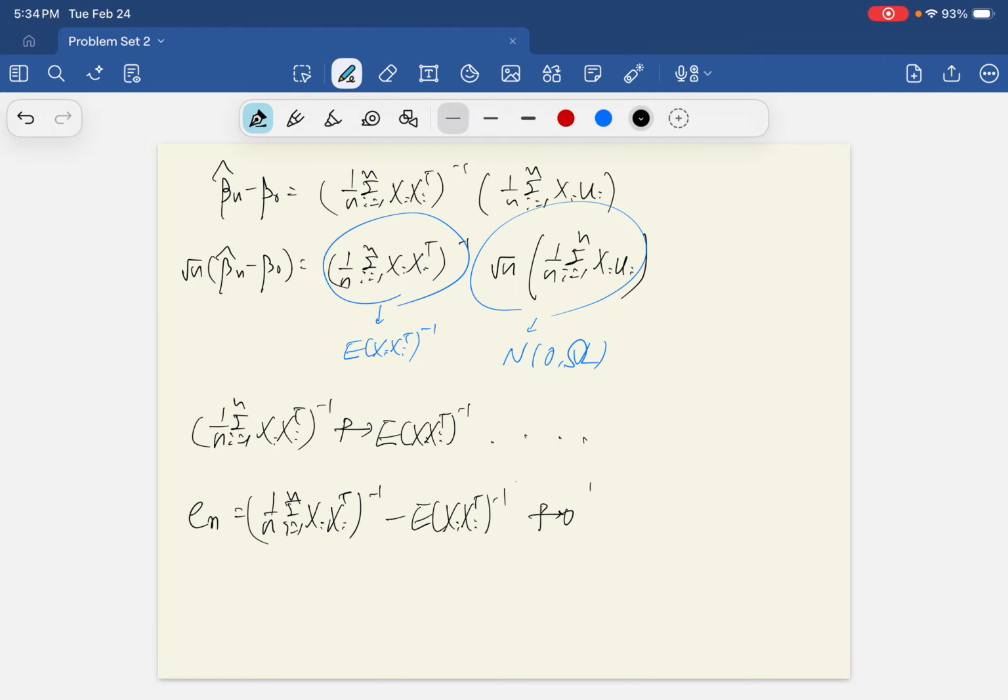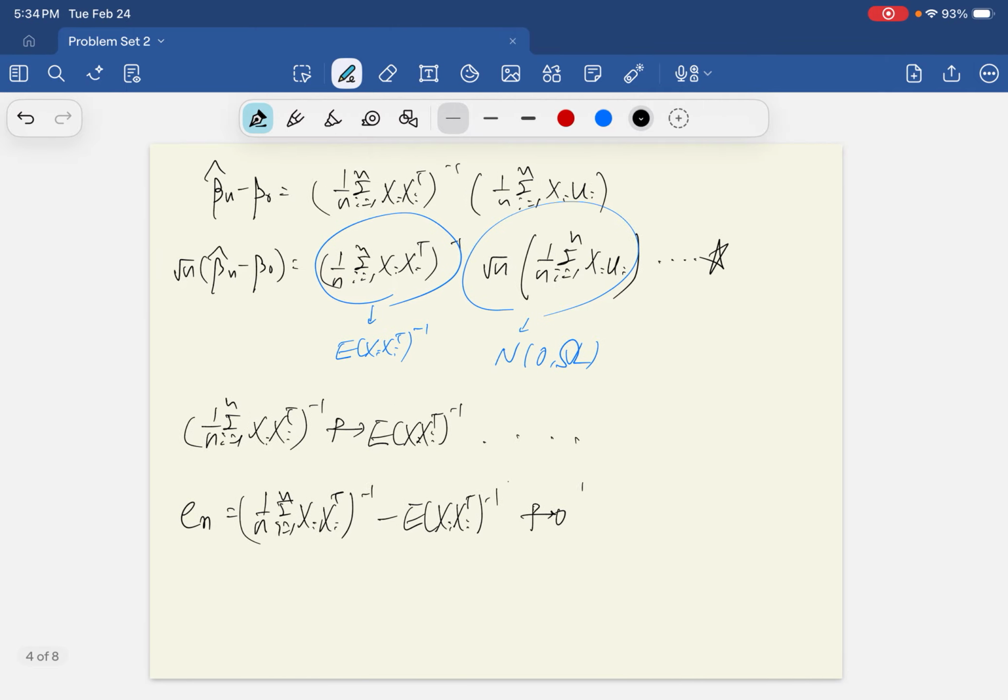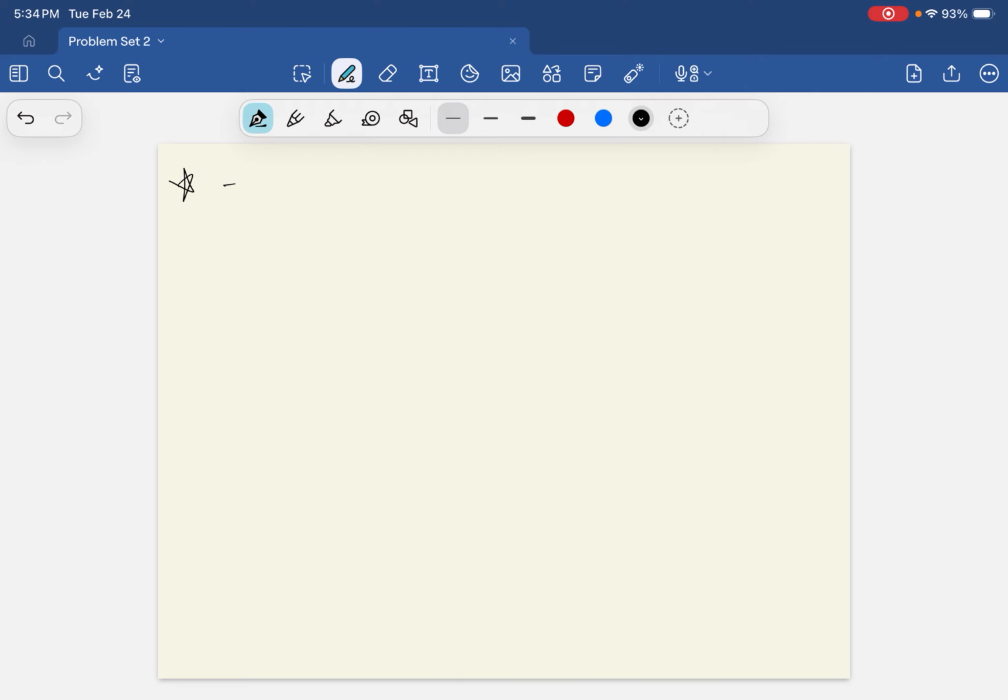Then what we can write here is, this equation (star) becomes the expectation of xi transpose inverse, plus an error term, and square root n times that.